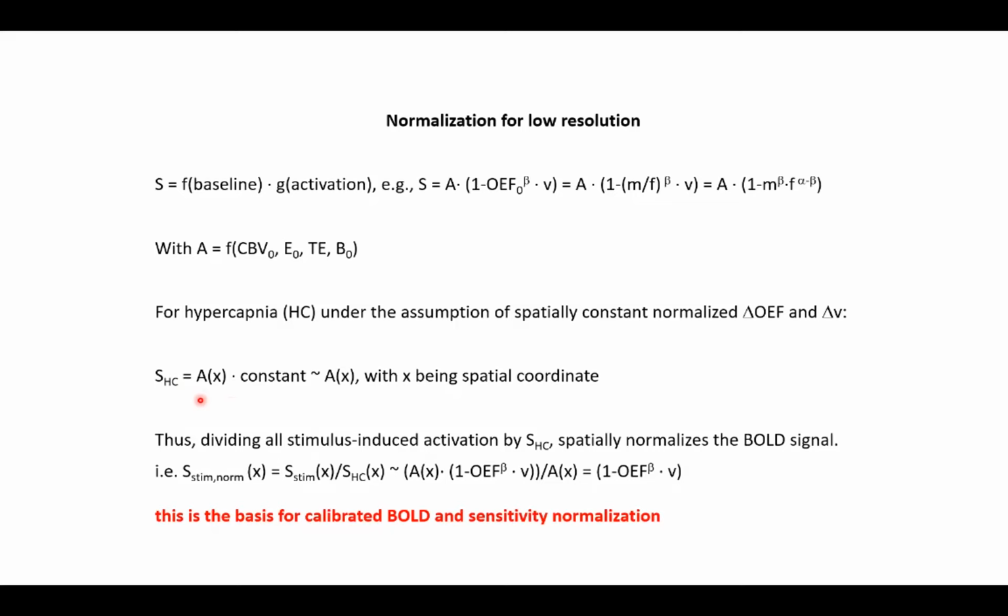So if in two voxels we have the same neuroactivity, but the BOLD signal is here 2% and here 1%, it's not reflecting the level of neuroactivity, but it reflects how sensitive we are. For example, if you have a surface coil and so on, we are more sensitive to some voxels than other voxels. And then if you have a condition like hypercapnia, you can actually determine the scaling constant and remove it so that you are equally sensitive towards all voxels.